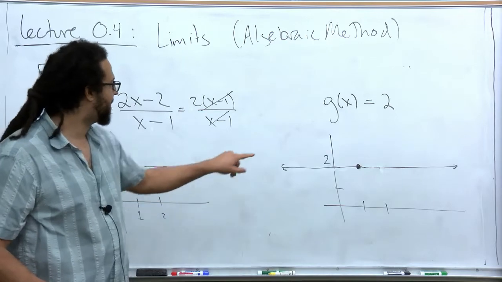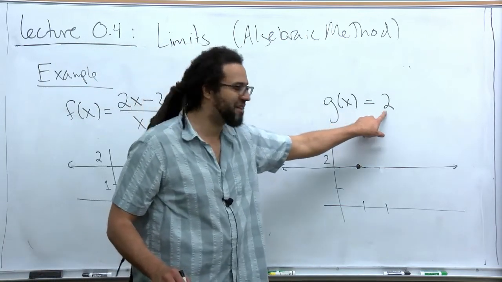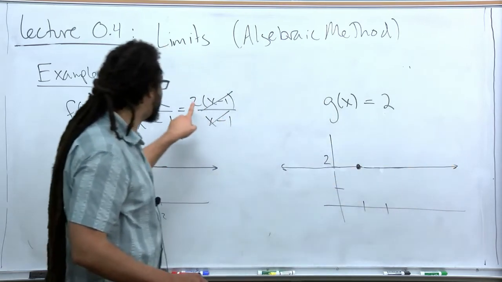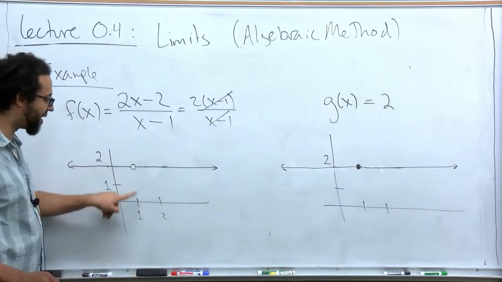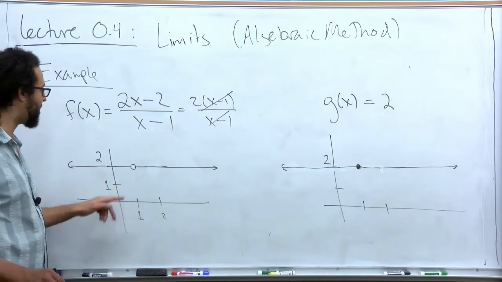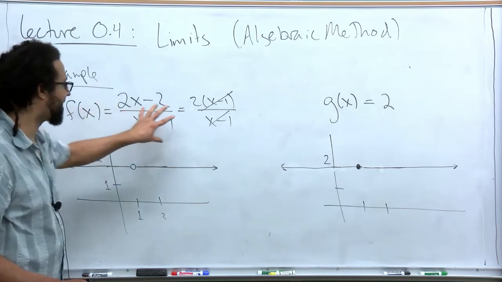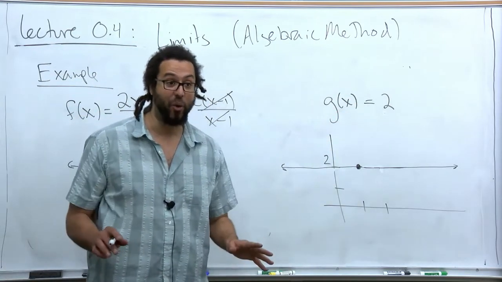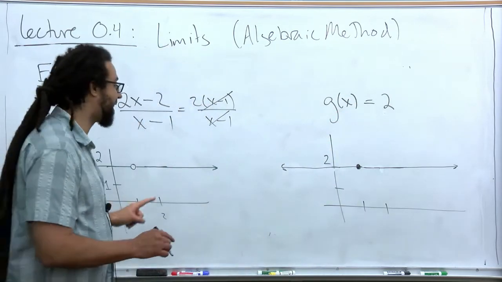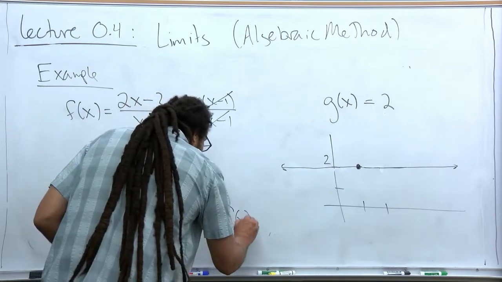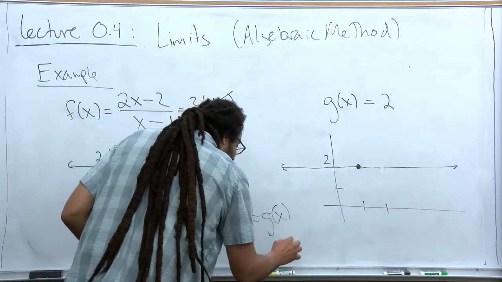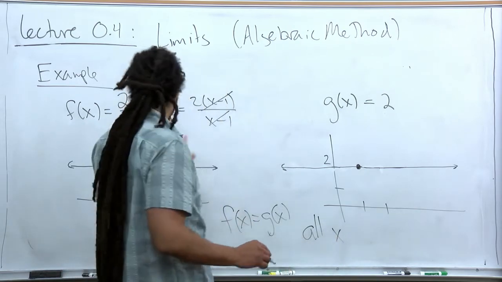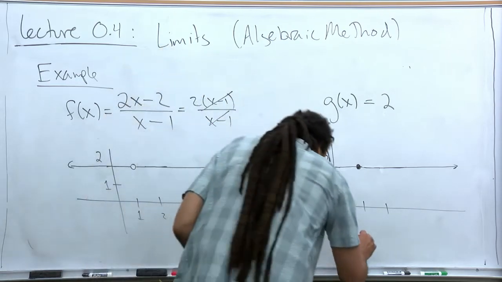In fact, here's a function g of x that's equal to 2 everywhere. So to say that f of x is equal to g of x everywhere is false. In this case, f of x is equal to g of x for all numbers x except at x equals 1.